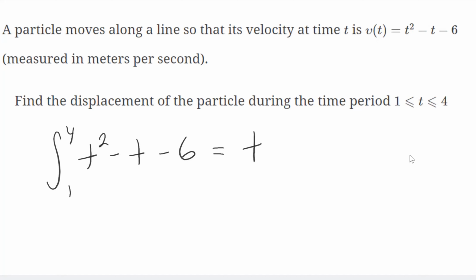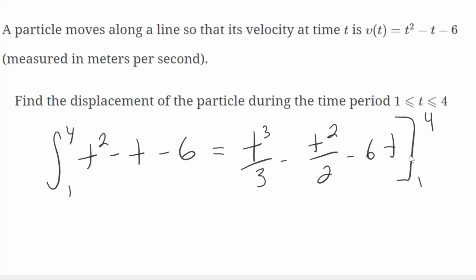So I've got t to the third over 3 minus t squared over 2 minus 6t. And we're evaluating this from 1 to 4.